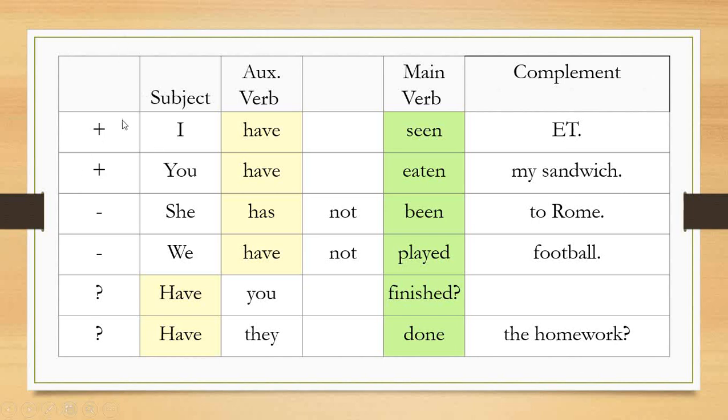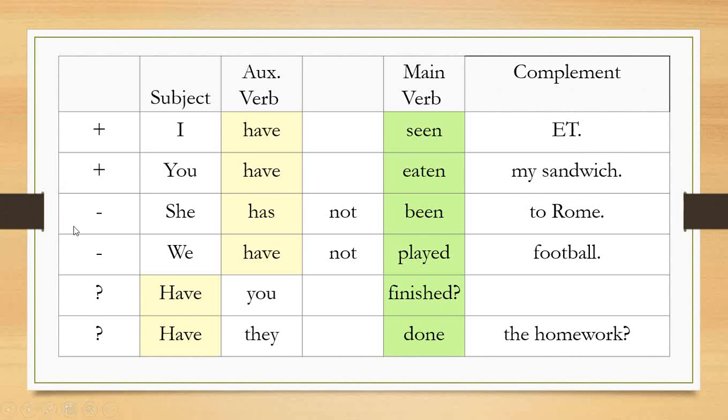For example, an affirmative one, I have seen ET. We have the subject, the auxiliary verb, the main verb in past participle form, and the complement.